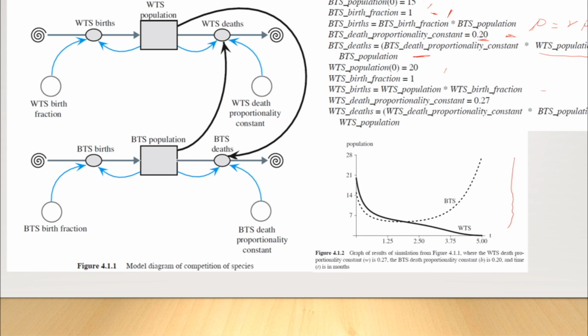Also the births here are nothing but the previous population multiplied by the birth fraction. And again you can see the death proportionality is a small value. And the deaths will depend on the WTS and BTS, the multiplication of those two populations times the constant.